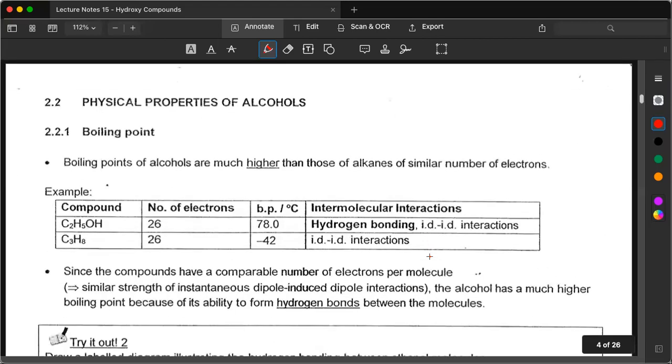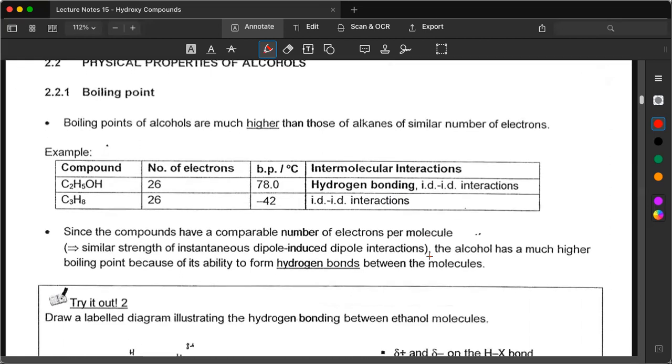Now, what are the physical properties of alcohol? The boiling points of alcohol are much higher than those of alkanes with a similar number of electrons or the same number of carbon. So, for example, both compounds, ethanol and propane, have 26 electrons.